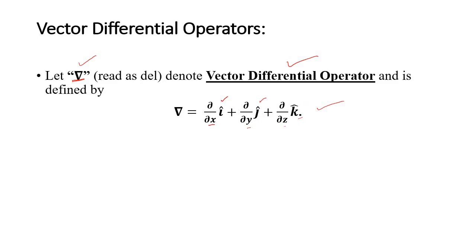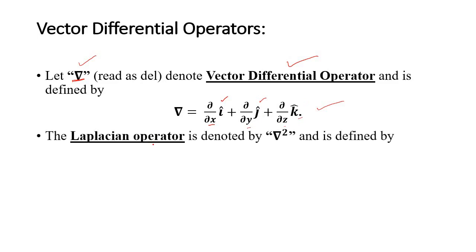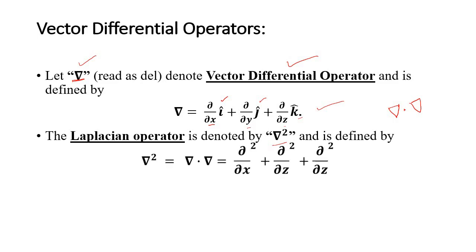Similar to this, we have another operator, which we call the Laplacian operator, denoted by del square. Del square is nothing but the dot product of del with itself, del dot del. That gives the second order partial derivative with respect to x, plus the second order partial derivative with respect to y, plus the second order partial derivative with respect to z.